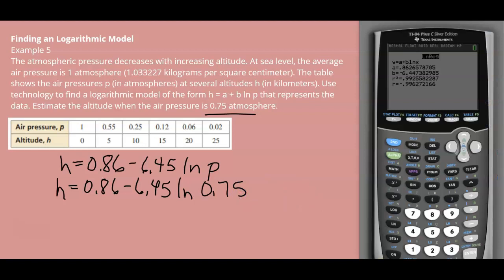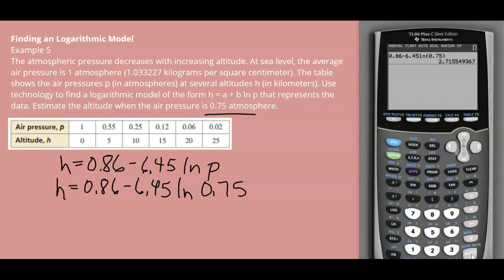All right, so if we pull up our calculator, we should be able to calculate this. So let's do 0.86 minus 6.45 ln, and then 0.75.